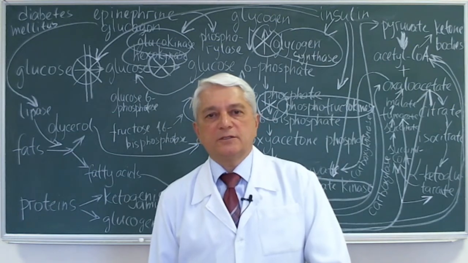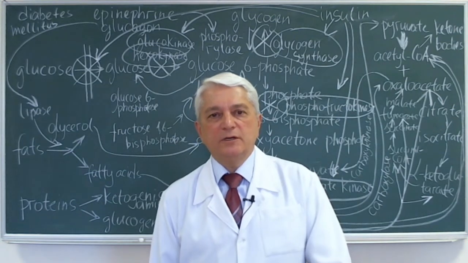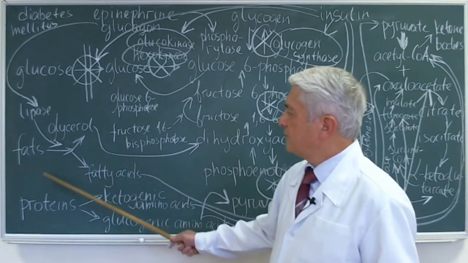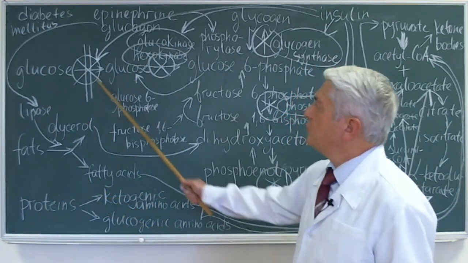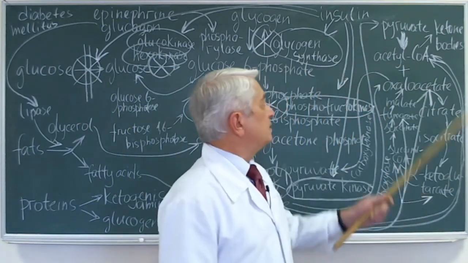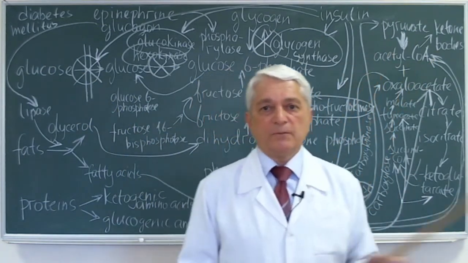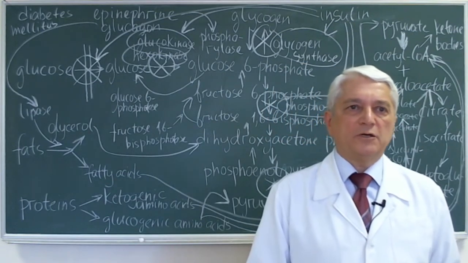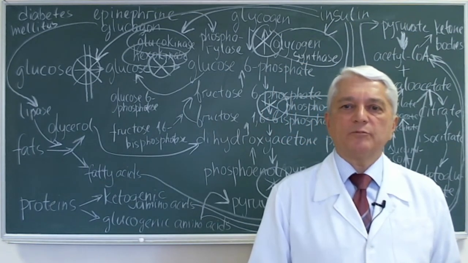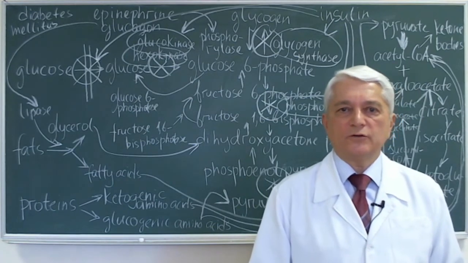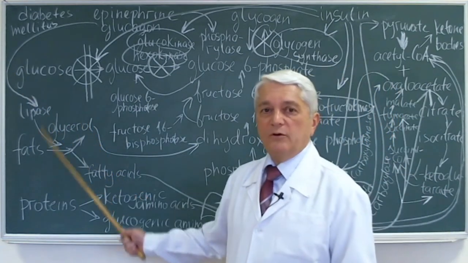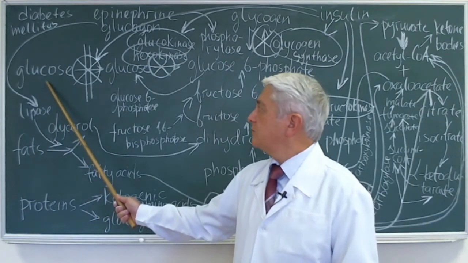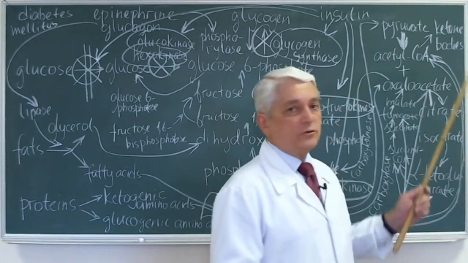But all this food, carbohydrates, fats and proteins, also produces glucose and ketone bodies. So the organism of the patient becomes something like a plant producing two types of molecules. From all the meal, it produces glucose and ketone bodies.